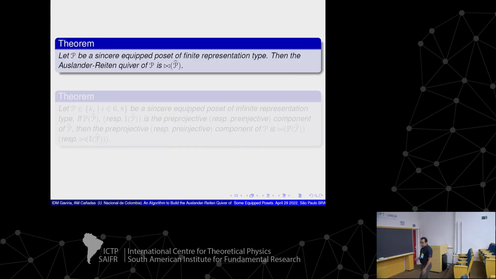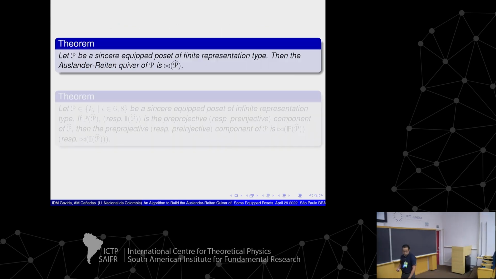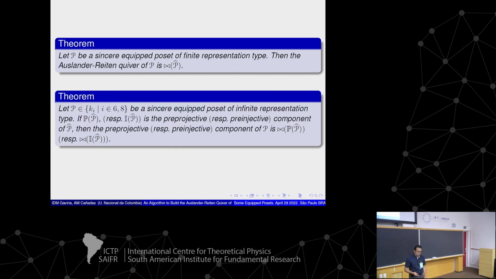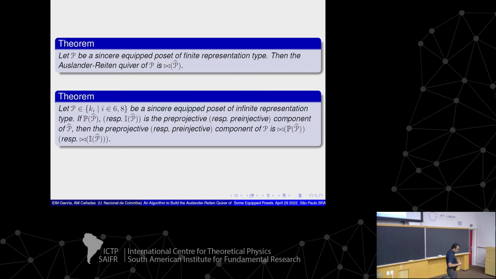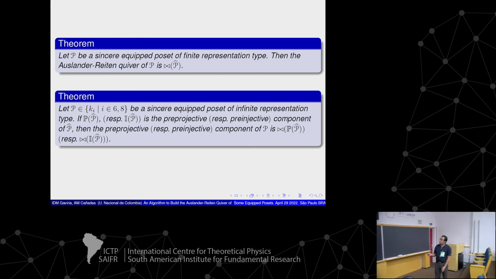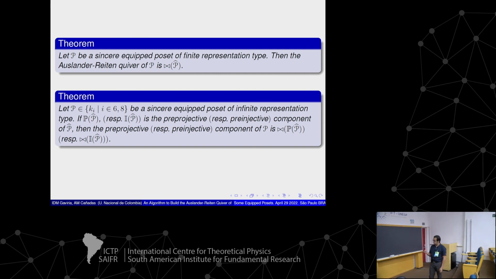Here, as a result of that procedure, we obtain these two theorems, which say that if we have one sincere equiposet of finite representation type, then this is the Auslander-Reiten Quiver of that poset, right?